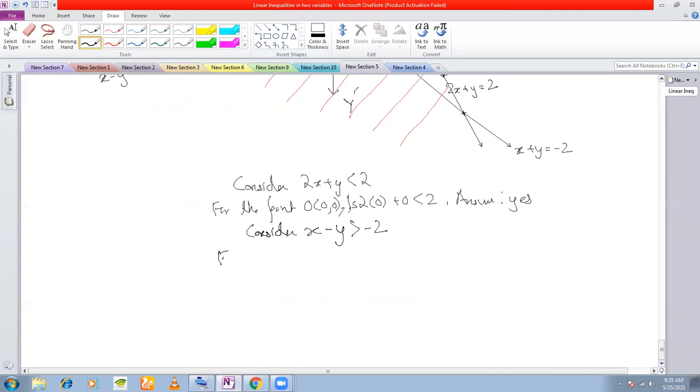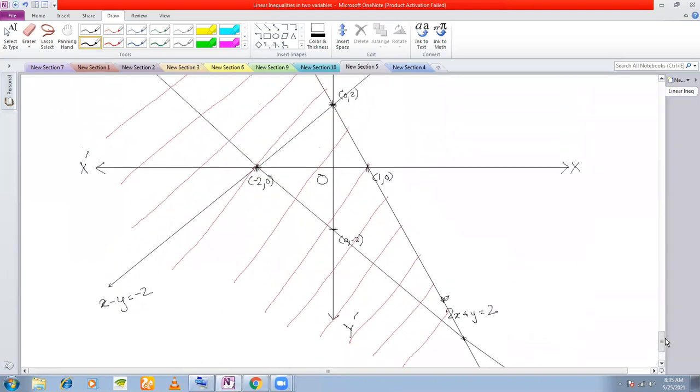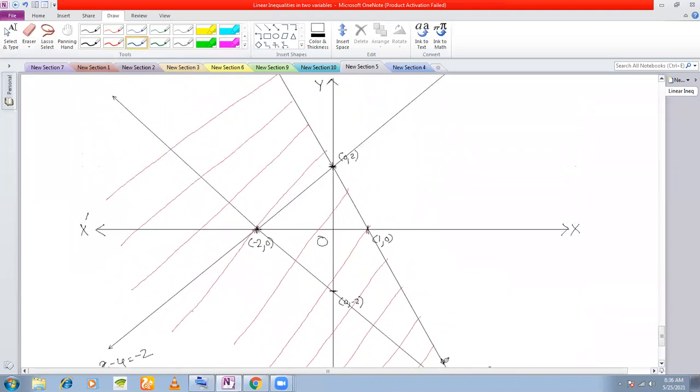Okay, so for the point (0, 0), put it in the inequality. 0 minus 0 greater than minus 2. Answer is yes. So again, this will be on the origin side, right? So x minus y is this straight line. So that means this will be on this side. All this, right?